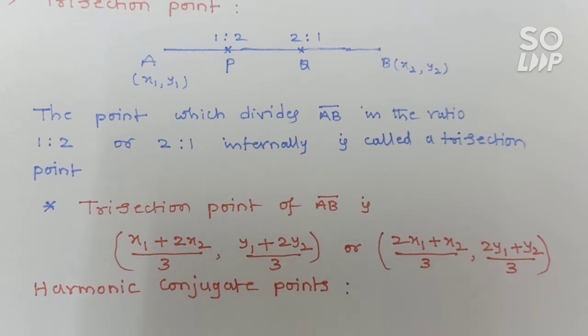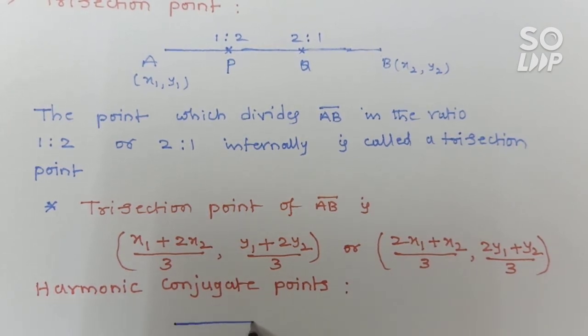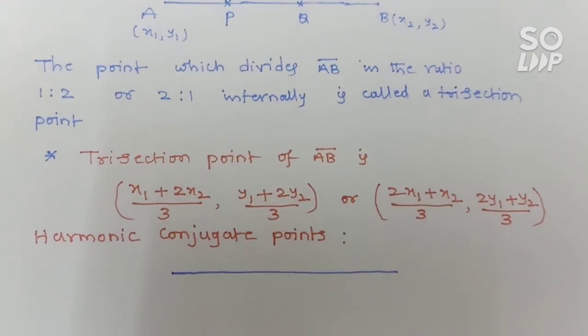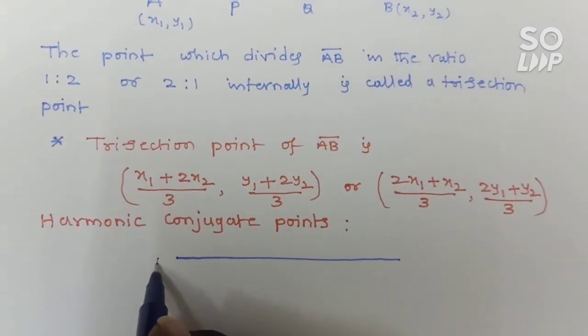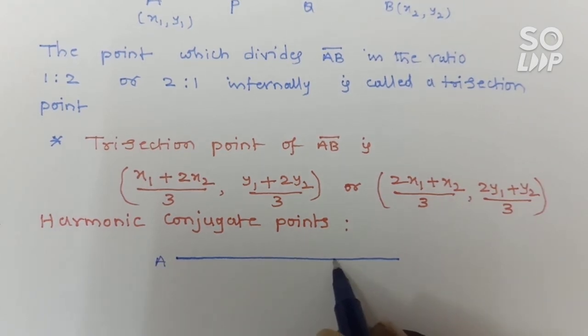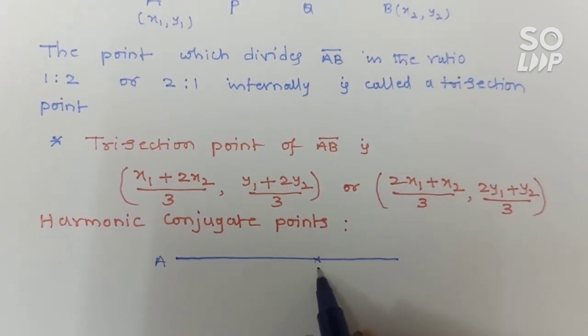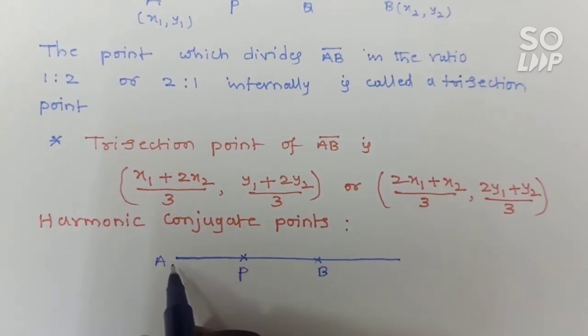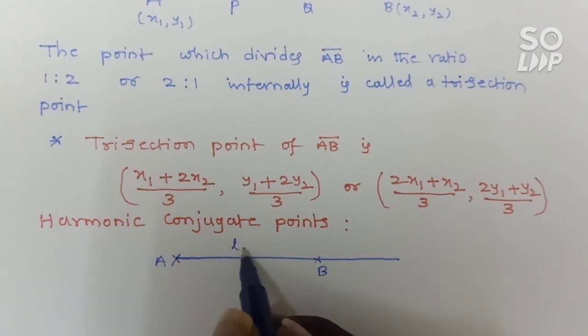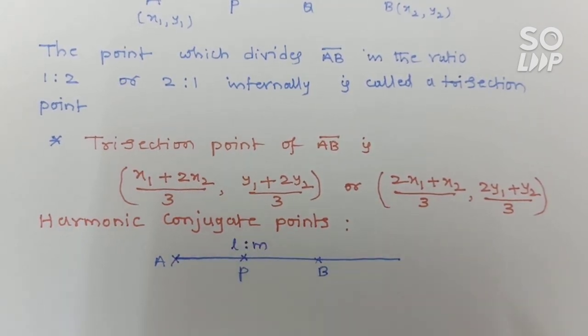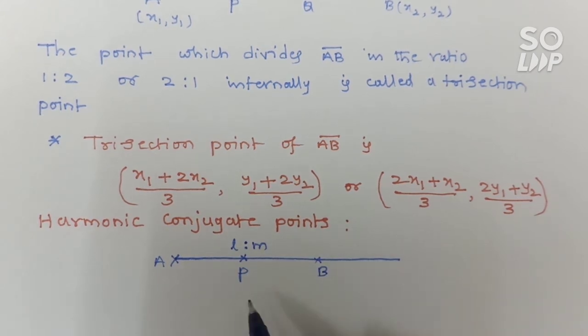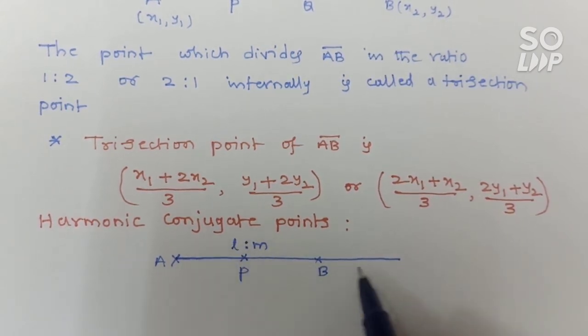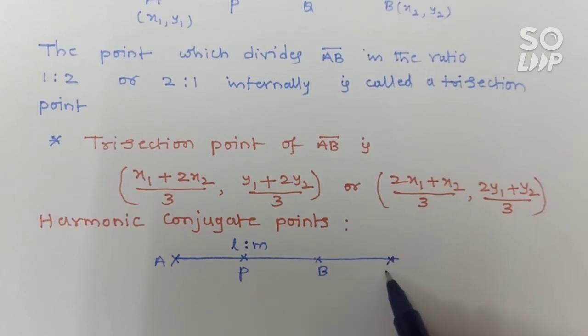See, first we will see the concept. First you take a line segment AB. Suppose a point P divides AB in the ratio L is to M internally, then in the same ratio the point which divides it externally.